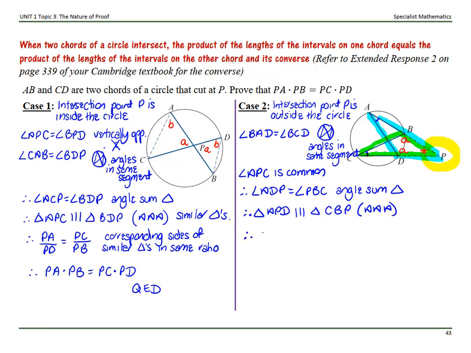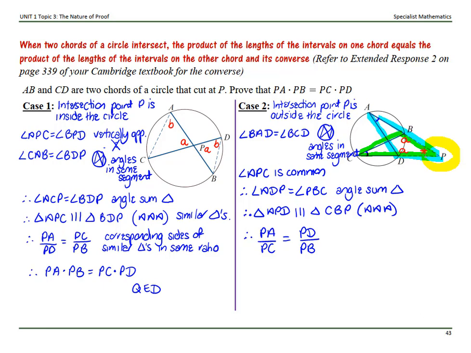So now looking at your ratios, be careful here. You really need to see those 2 triangles. And if you need to, draw the 2 triangles in the same orientation so you can see this. So PA, the long side of the blue triangle, over PC, which is the long side of the green triangle, has to equal PD, which is the shorter side of the blue triangle, over PB, which is the shorter side of your green triangle.